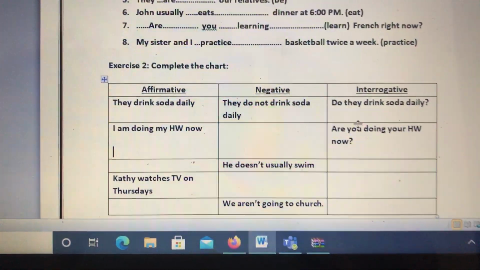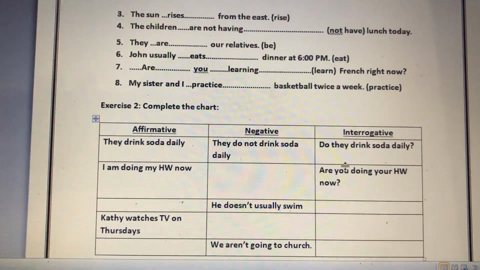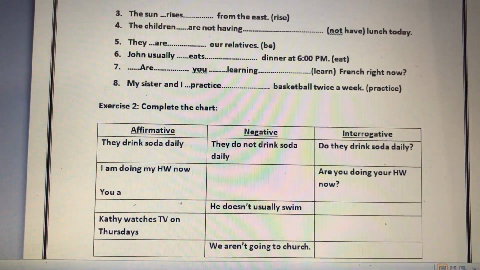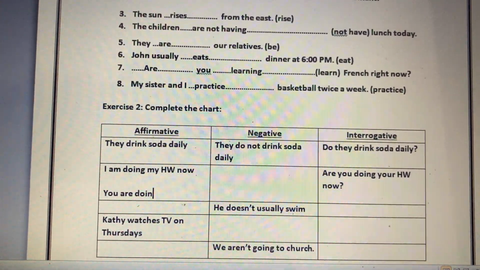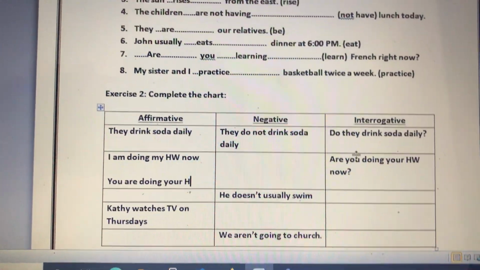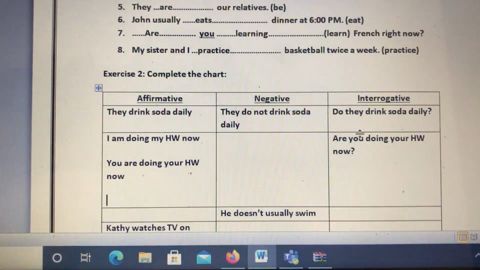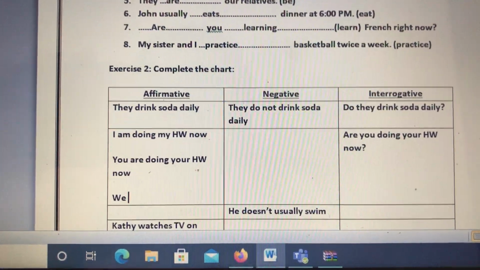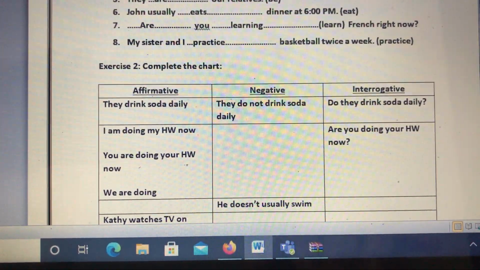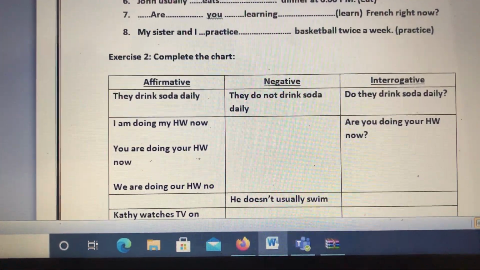And if it is in the plural form, yes, we can say you are doing your homework now, or we are doing our homework now.